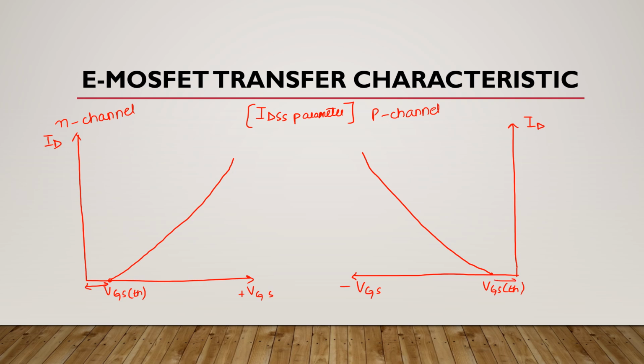Okay, it means there is no drain current until threshold voltage is reached. Okay, so these are the transfer characteristic curves for an N channel and a P channel E MOSFETs.